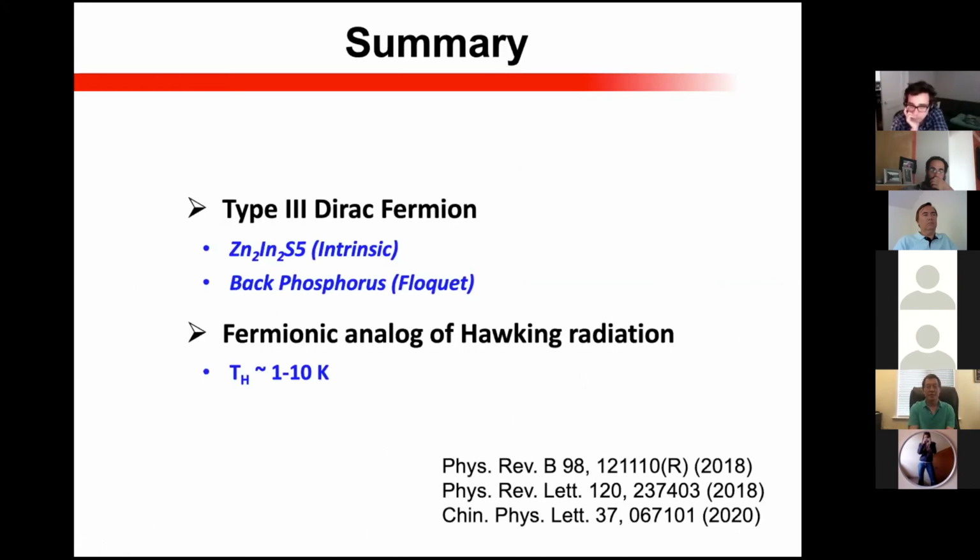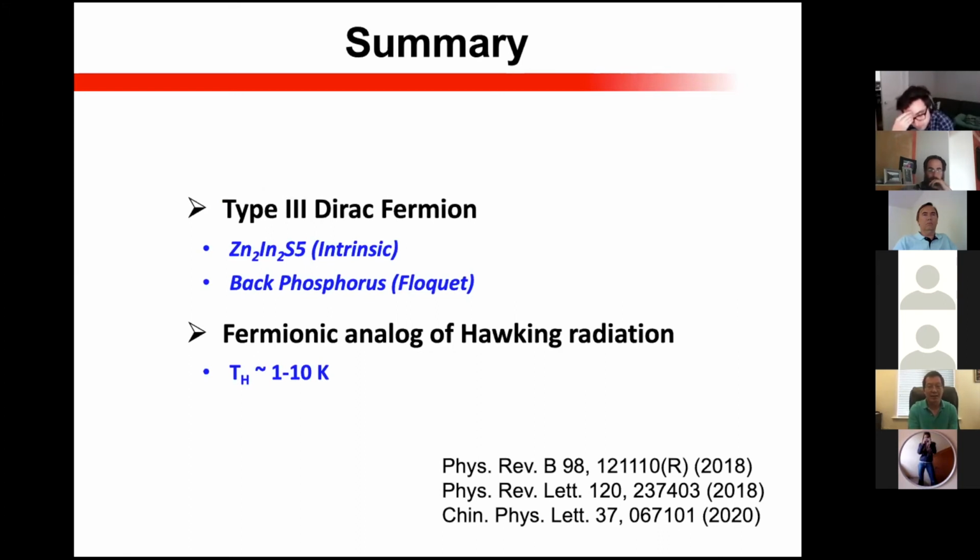So in summary, from the condensed matter point of view, we propose you can use a laser to form a variety of Dirac fermions, type 1, type 2, and type 3. For type 3, there's an intrinsic material, zinc indium sulfide, which has a very interesting type of Dirac bands.